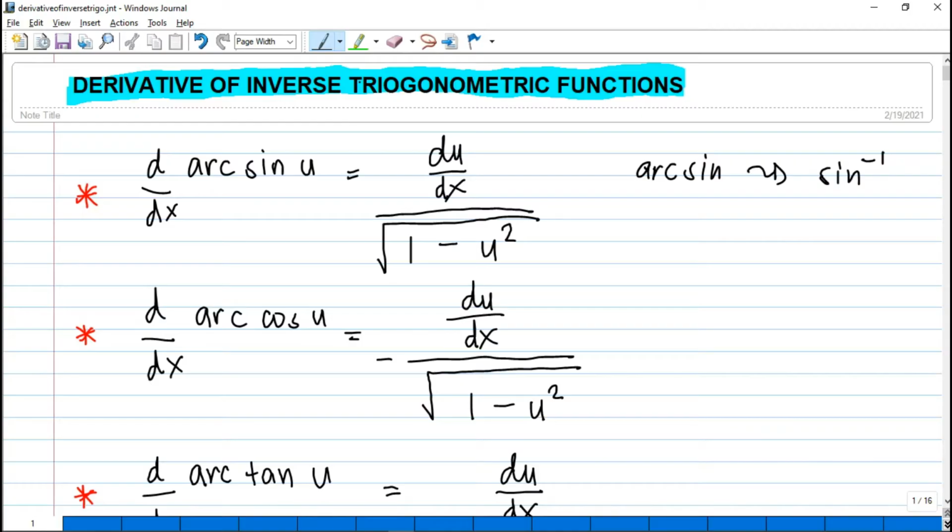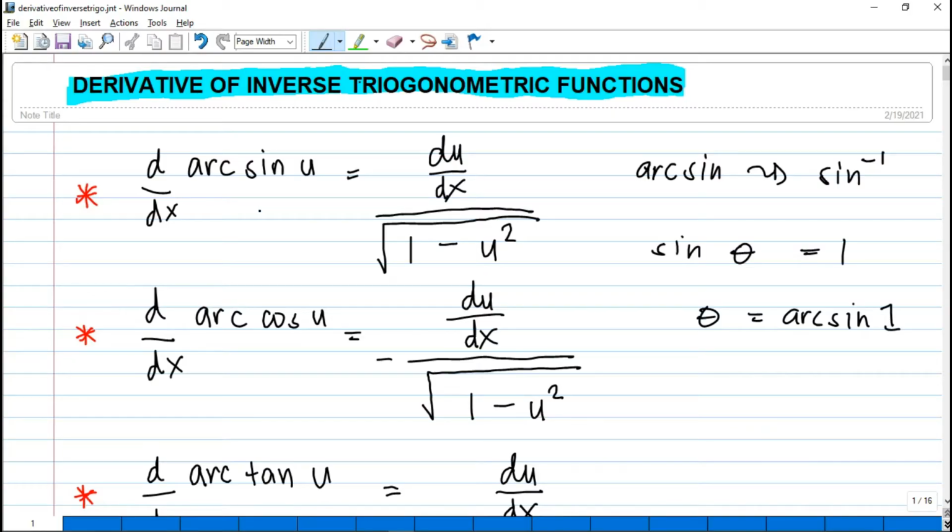You can actually see that in your calculator. Arcsine in trigonometry is used for extracting the angle. For example, if sine theta equals 1, then theta is just equal to arcsine 1. You can extract the angle using your inverse trigonometric function. So that's the background of this topic, the concept of inverse trigonometric functions.